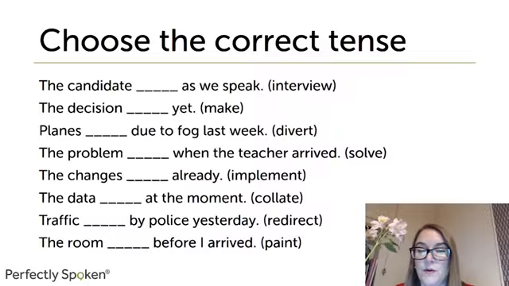Number 4, the problem when the teacher arrived. Use the verb solve. Number 5, the changes already. Use the verb implement. Number 6, the data at the moment. Use the verb collate.